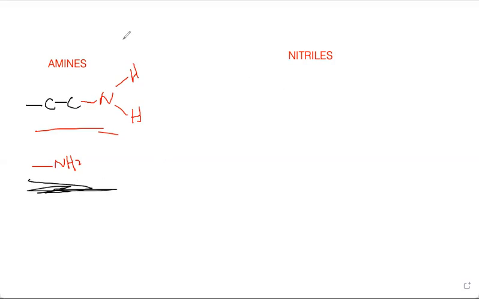Okay, let's move to the nitrile, because the word shows that nitrogen is involved. For the nitriles, we have this. Let me show you. 1 carbon, and 1 more carbon. I'm giving you an example with ethane only right now, so that you could check the difference between the functional groups.